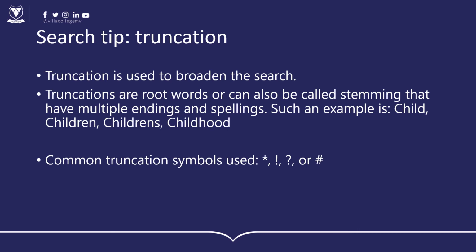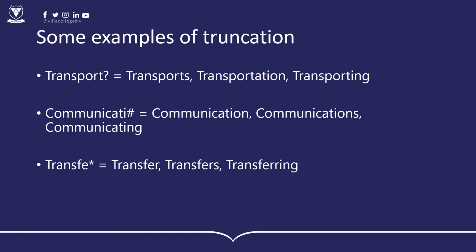Therefore, it is important to know what symbol is used in the databases you have chosen. Some of the common truncation symbols are asterisk or star, exclamation mark, question mark, or hashtag. Some examples of truncation are given here. A truncation symbol is used after the root word for each example.